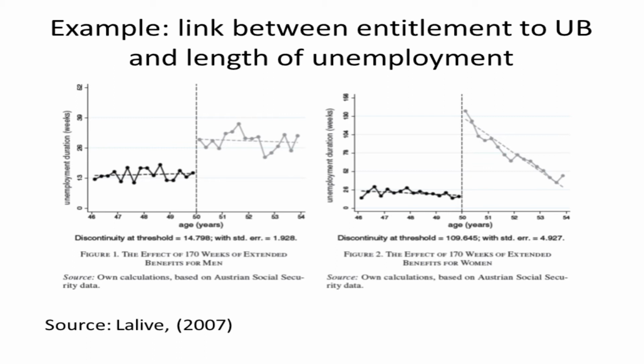And it happens that in Austria, the number of weeks you are allowed to claim unemployment benefit goes up at the age of 50. So if you're over 50, you are allowed to receive unemployment benefit for much longer than if you are 49. And this allows us to get at the general question, what is the link between how long you may claim unemployment benefit and your subsequent time in unemployment?